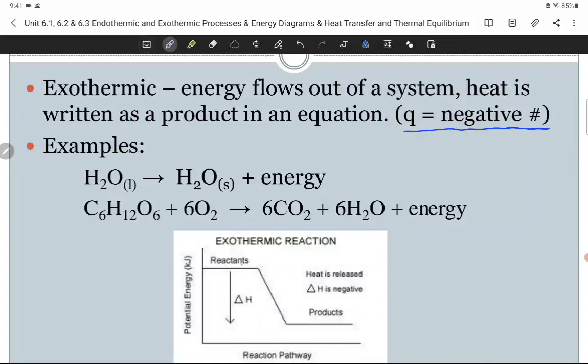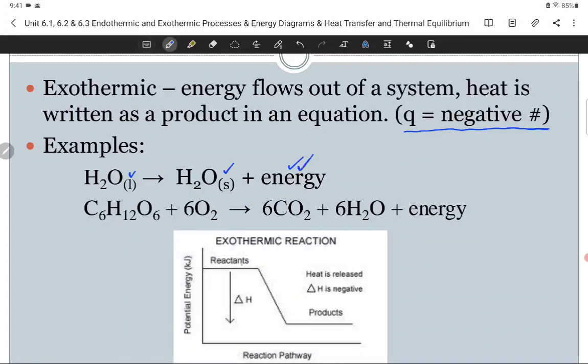Here's a couple of examples. If you had a liquid that you want to freeze, energy has to be released. You could experience this with your refrigerator freezer. If you put some water in your freezer and you go to the back of your refrigerator freezer, you can feel that heat. That heat is this right here.